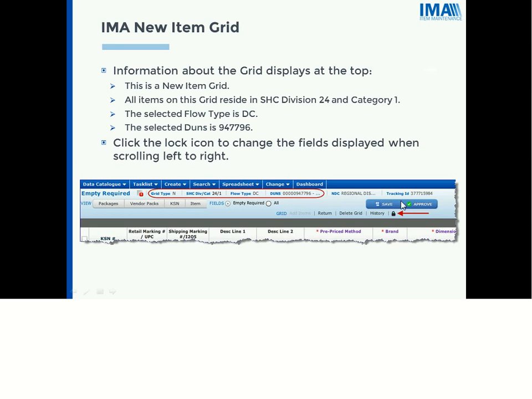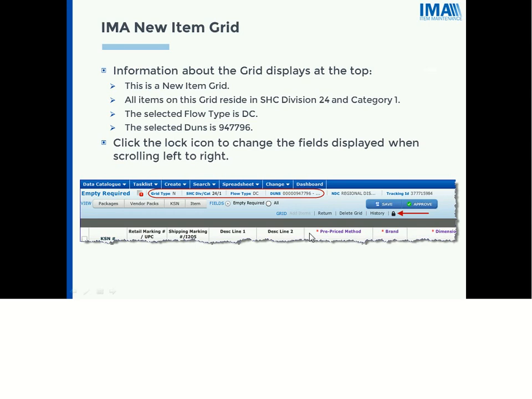And then over here on the right, you will see this lock icon. It helps to lock and unlock the fields on the screen. If this is locked, everything from this line right here, description line 2, all the way over to the left, will stay stationary on your screen, and only fields to the right of that will scroll.